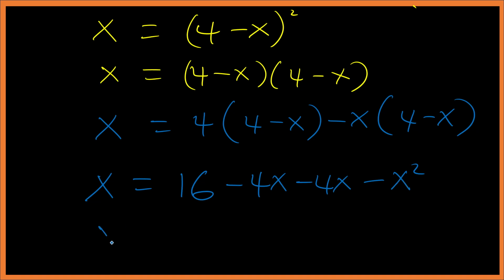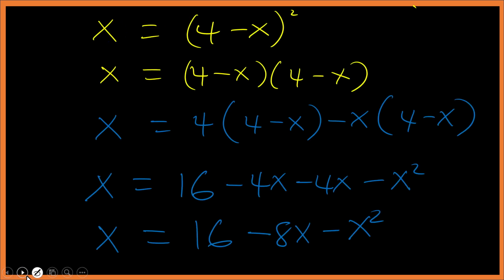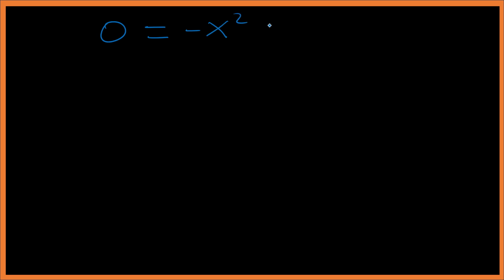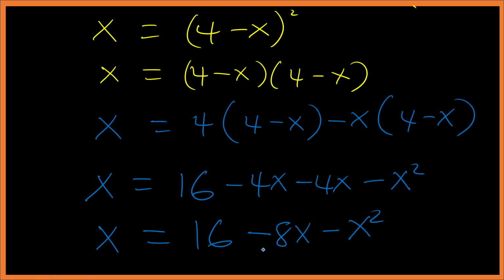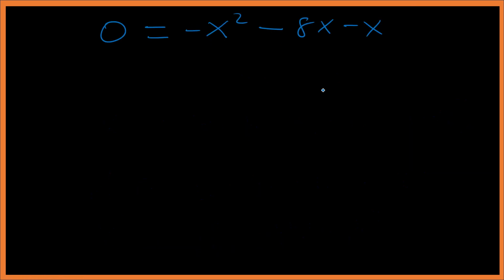So the same as x equals 16 minus 8x plus x squared. So I have 0 equals x squared minus 8x minus x plus 16.